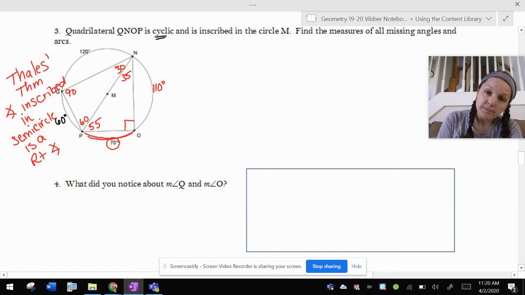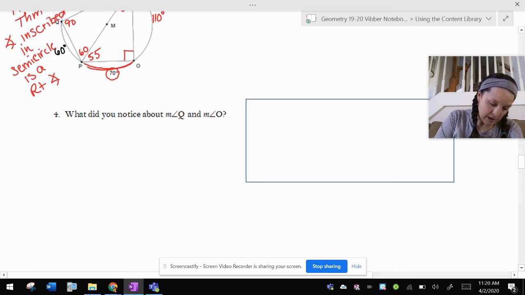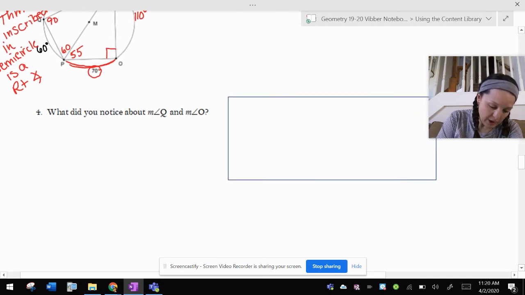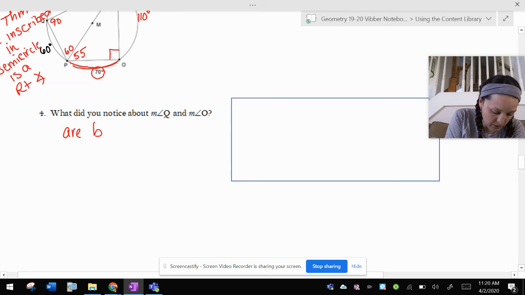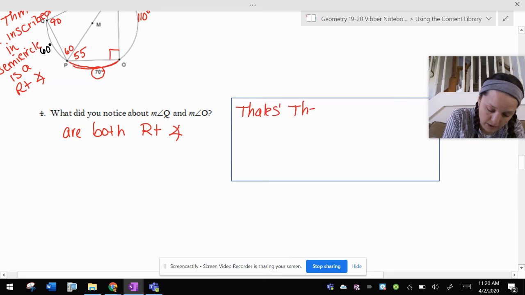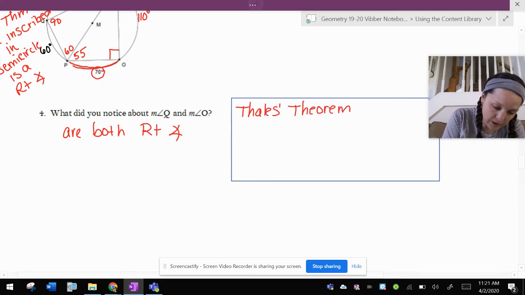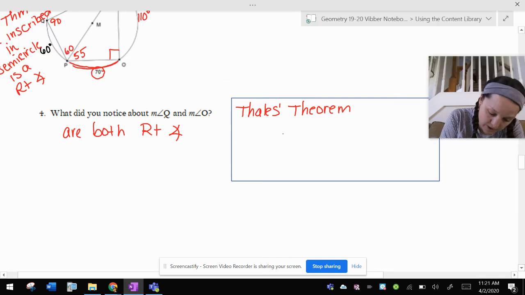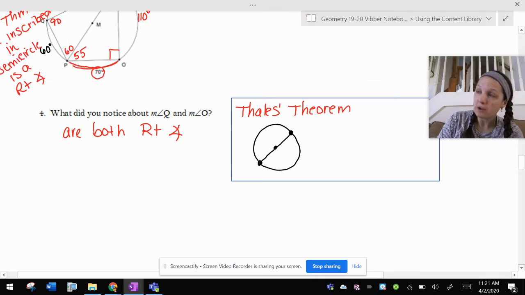All right. Okay. And then it says, what did you notice about Q and O? Q and O are both right angles. So in this box, I want you to write Thales theorem again. And I want you to draw a simpler picture that if you have a semicircle and you inscribe any angle in that semicircle, like this one, that would be 90.